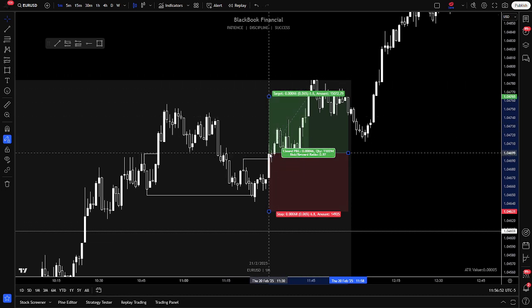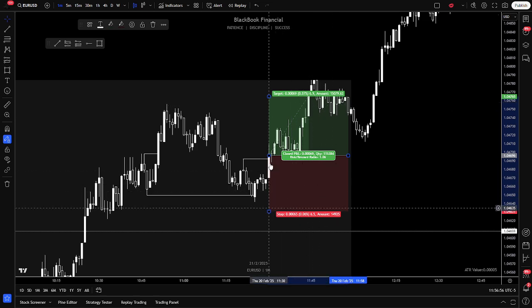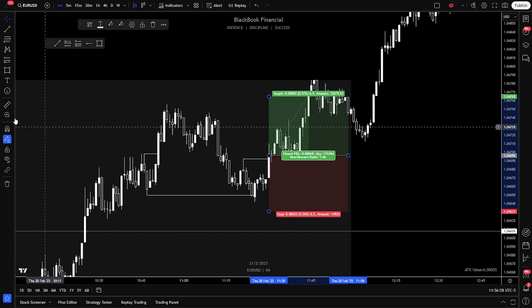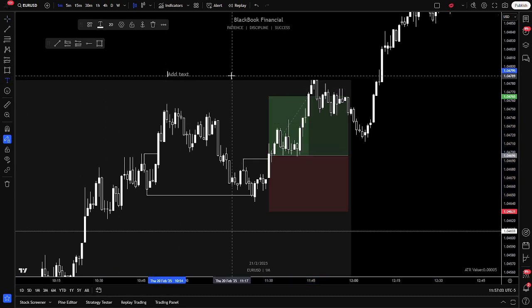So I place my long position entry right around here, and then I'll quickly pull up a calculator and do the math on that. The formula is very, very simple, right? All it is, is the risk in dollars, or whichever currency you're trading in, divided by the tick value, and that will give you the lot size.